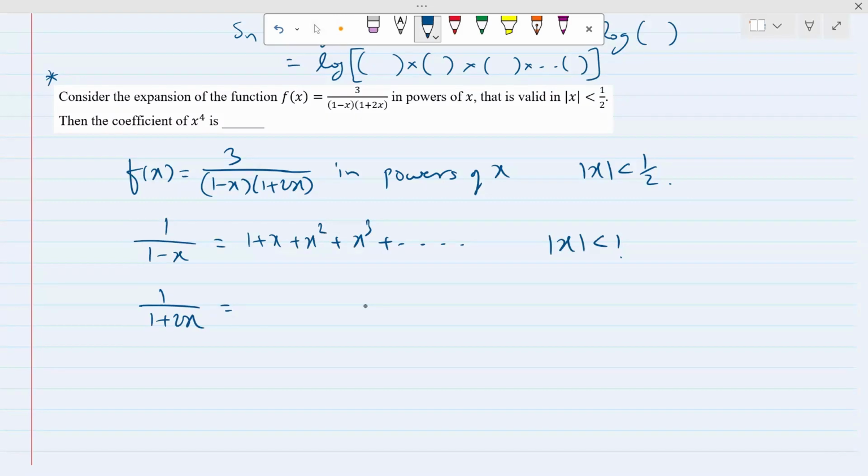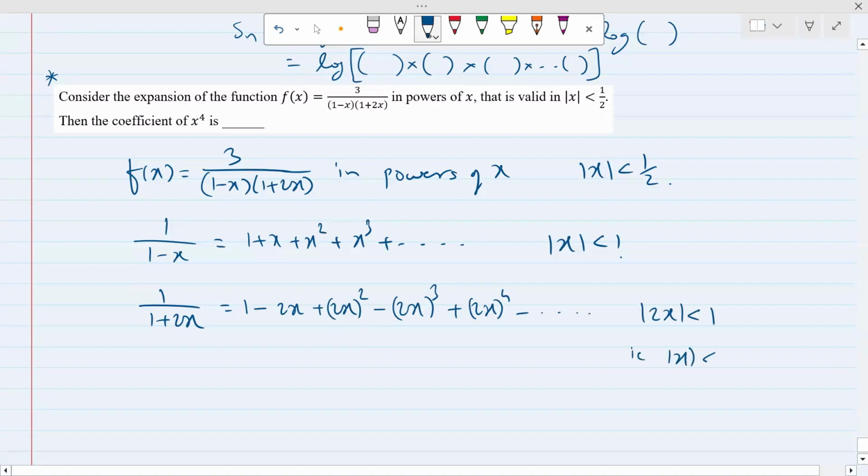It is 1 minus 2x plus (2x) whole square, minus (2x) whole cube, plus (2x) whole raised to 4, minus, alternate plus minus. And this is valid for mod 2x less than 1, that is, mod x less than half.